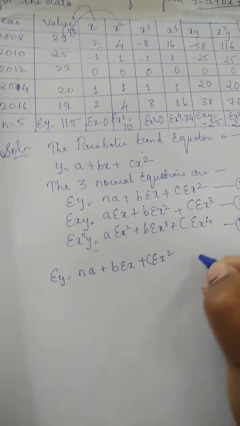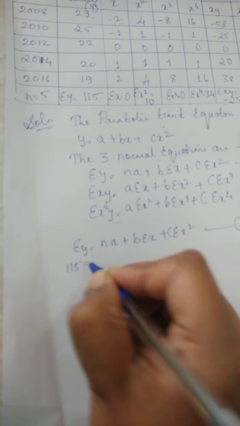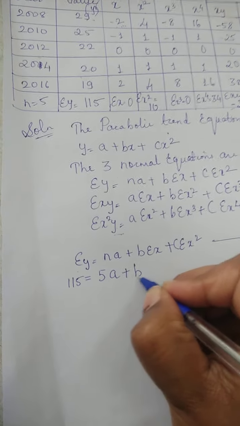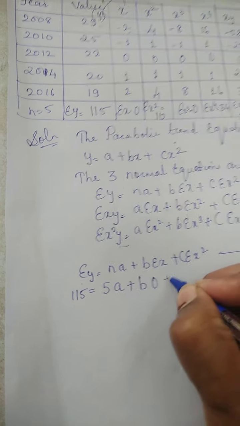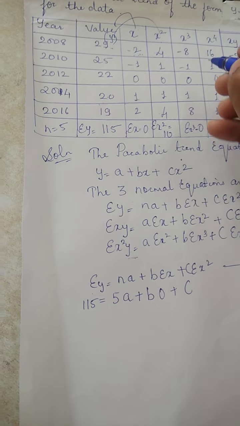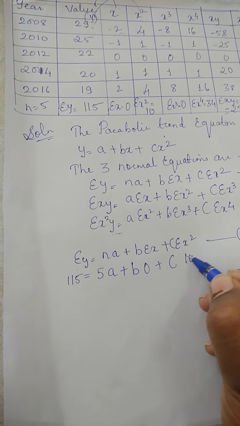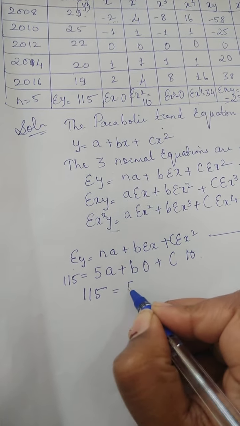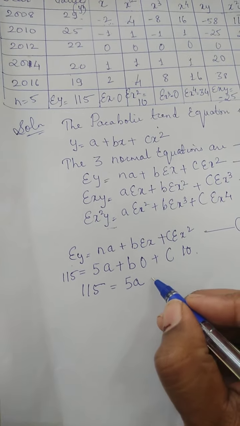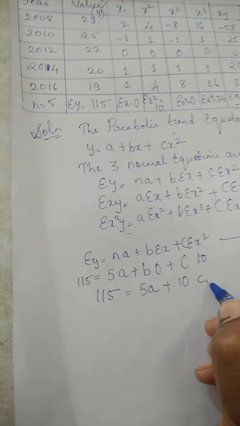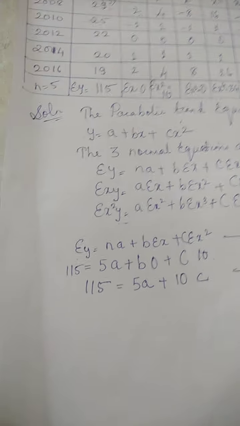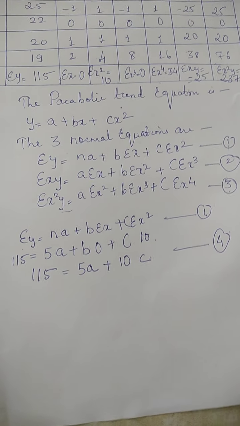Summation y is 115, n is 5, summation x is 0, and summation x square is 10. Simplify: 115 is equal to 5a plus 0 plus 10c. This is equation number 4, because 3 are already there, so the next number is the 4th equation.